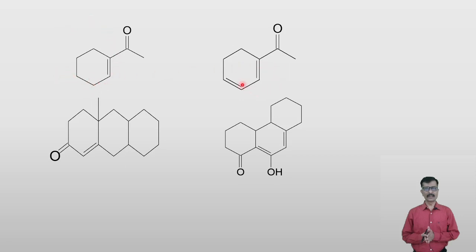Similarly here, the same kind of structure, there is only one additional double bond we can see, but it makes a lot of difference, because of this one more double bond, it forms a homoannular diene. So this value needs to be added for homoannular diene.